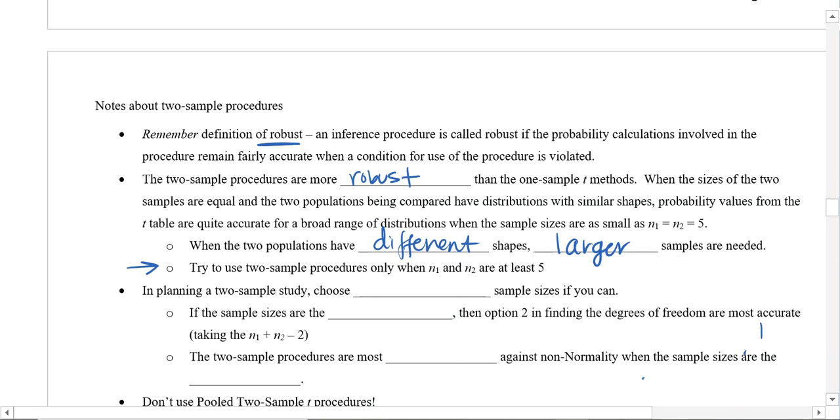If you get to plan the two sample study, it's ideal to choose equal sample sizes. That's only if you were going to conduct the experiment, that would be the ideal thing to do. But if you don't have equal, it's fine. But if the sample sizes are the same, then option 2 for finding the degrees of freedom is really accurate, so taking n1 plus n2 minus 2.